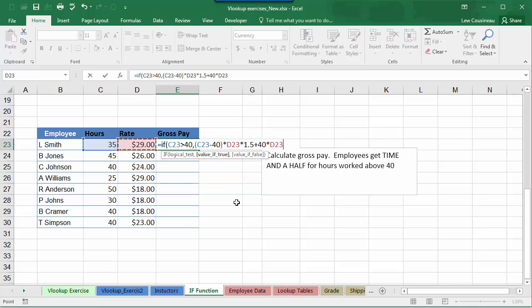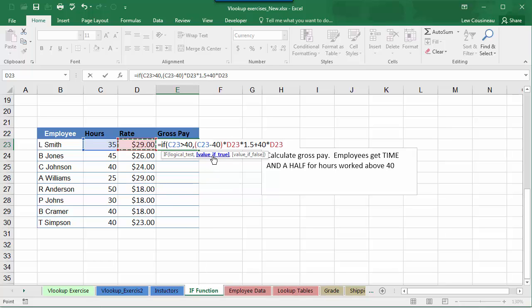So a little bit of math taking place there, but basically this is their overtime pay through here plus their base pay through there, and we're only going to do it if somebody's greater than 40. So for instance, L. Smith is not, so this isn't going to happen. But if L. Smith had worked 45, well, then we'd be taking 45 minus 40, that's 5 hours, times that rate times 1.5 plus 40 times that rate.